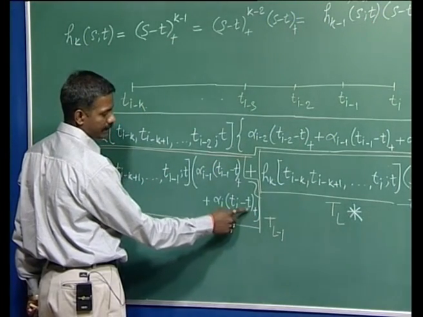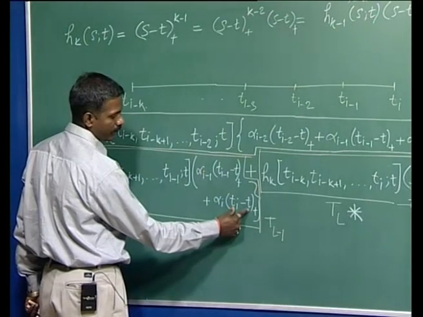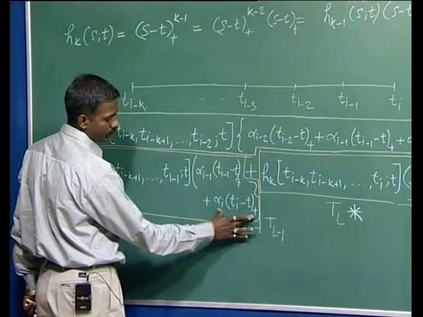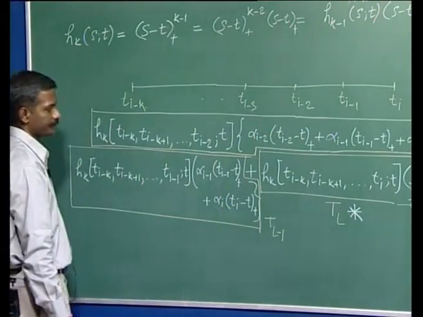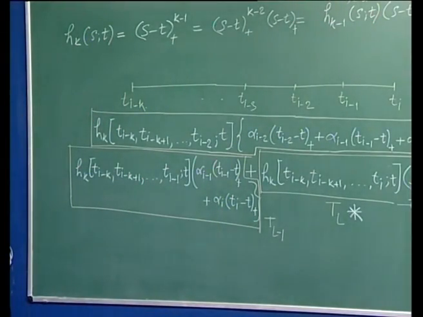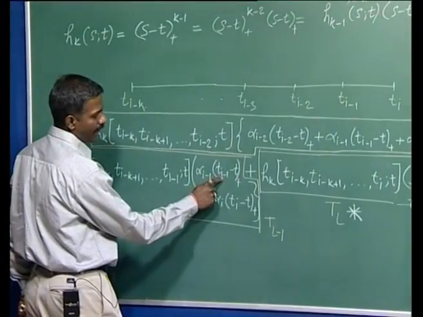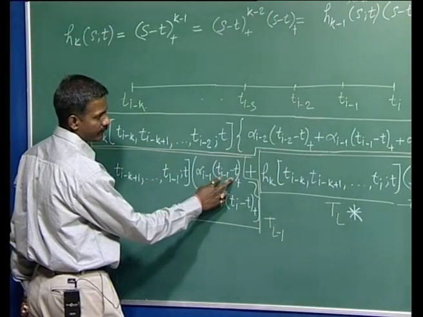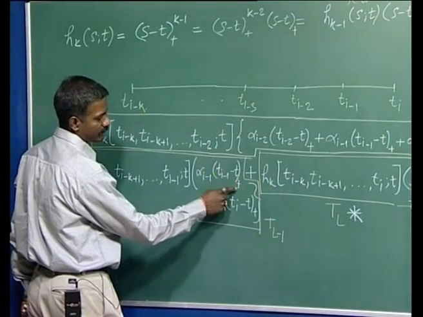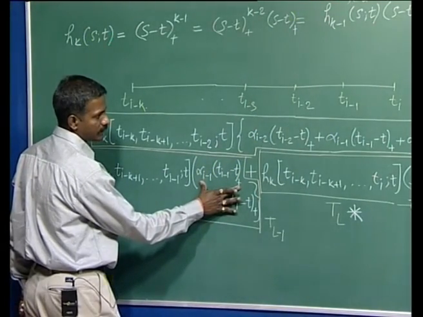Since t is smaller than t_i, this term here becomes positive, and so this term is not 0. How about this? t_i-1 minus t is still negative, and because of this truncation sign, this term is 0.